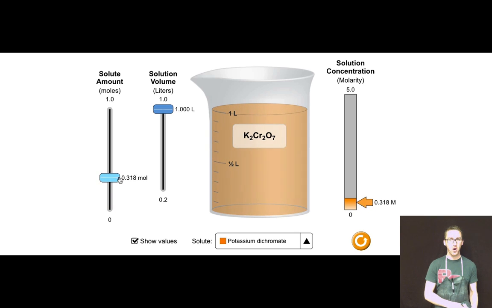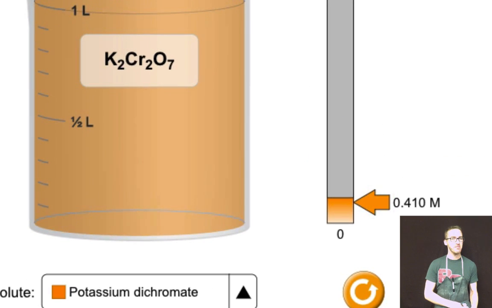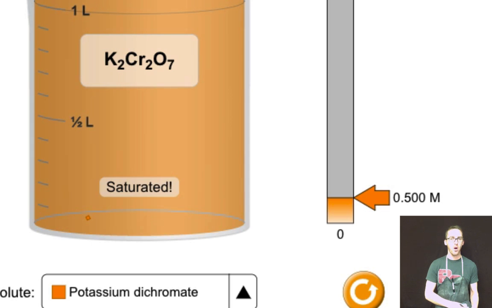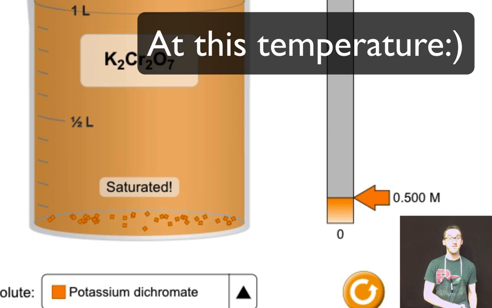It's getting more and more concentrated, but still not saturated. Adding more. Oh my goodness. Boom. I know that I've saturated the solution because I start to see the formation of a solid, and I've reached equilibrium. Doesn't matter how much more solid I add, I can't force any more of it to dissolve into solution.